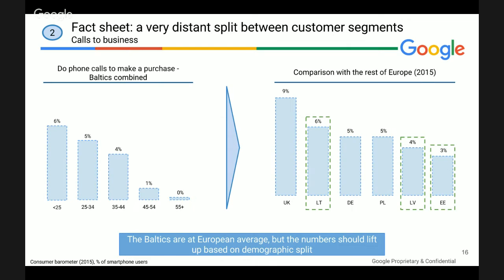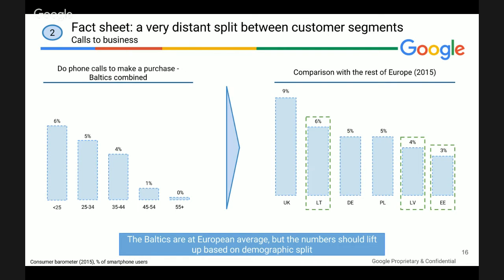Again, some statistics about calls to businesses. On the left-hand side, we see a very clear split between different age groups within the Baltics, and we see that the younger the customers are, the more willing they are actually to click on the call icon and basically give a call to the advertiser straight away.